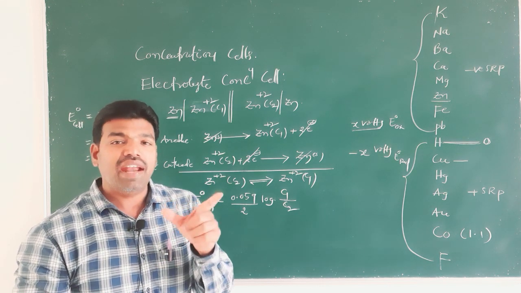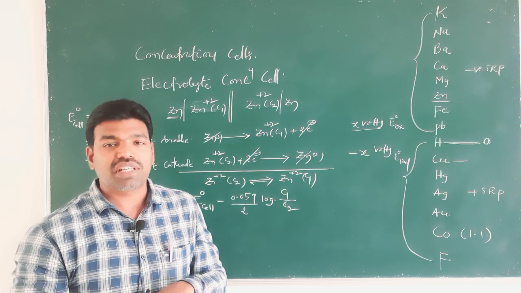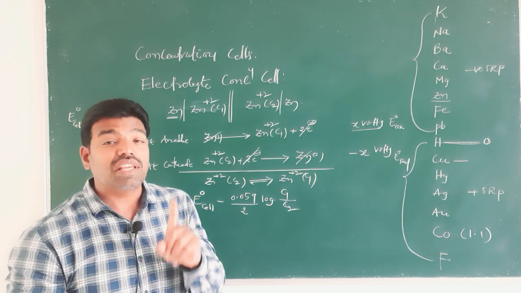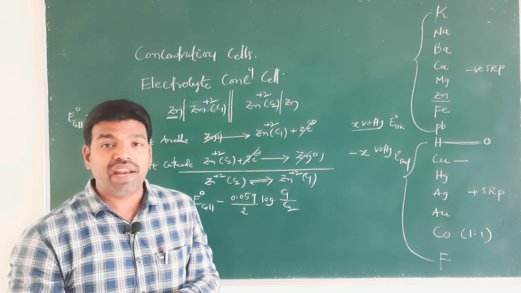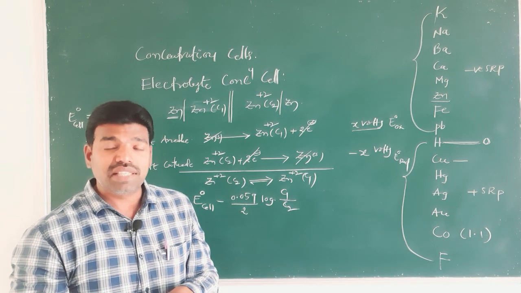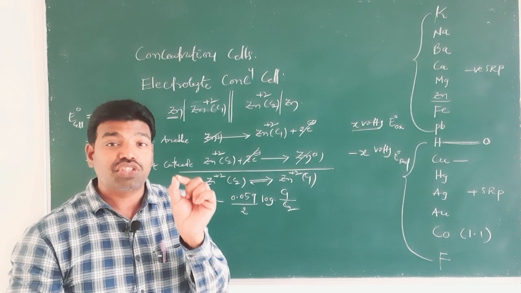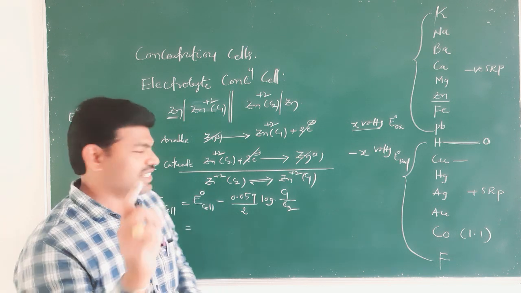When we add the standard oxidation potential and standard reduction potential, E naught cell is 0. So keep in mind that E naught cell is 0 for concentration cells.